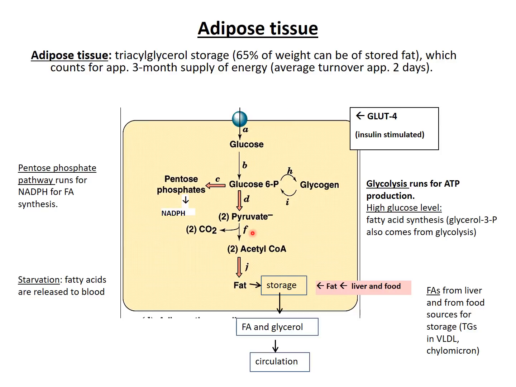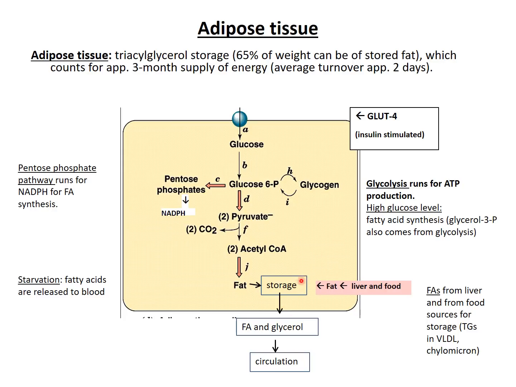Glycolysis runs for energy production, and when a lot of glucose is coming in, it can be used for fatty acid and triglyceride synthesis and storage. Pentose phosphate runs to aid this synthetic process, and NADPH is needed for biosynthetic processes.